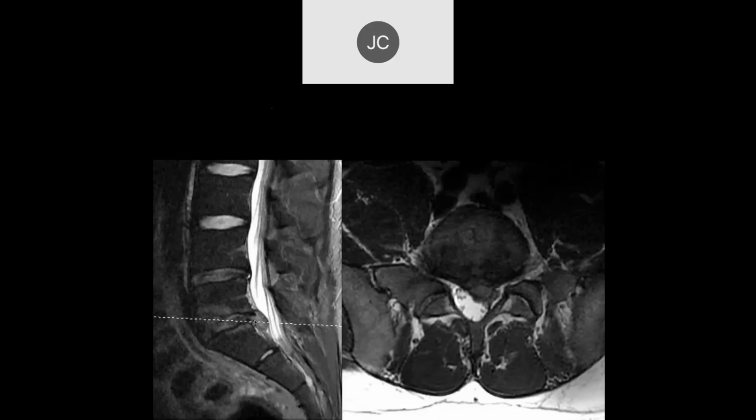So that's kind of what you described. Notice that there's increased signal intensity within the disc extrusion here. In my experience, this tends to resorb pretty rapidly, and most of these now are followed. But when I first went into practice, when we first started doing MRI of the lumbar spine, these were all considered surgical lesions.